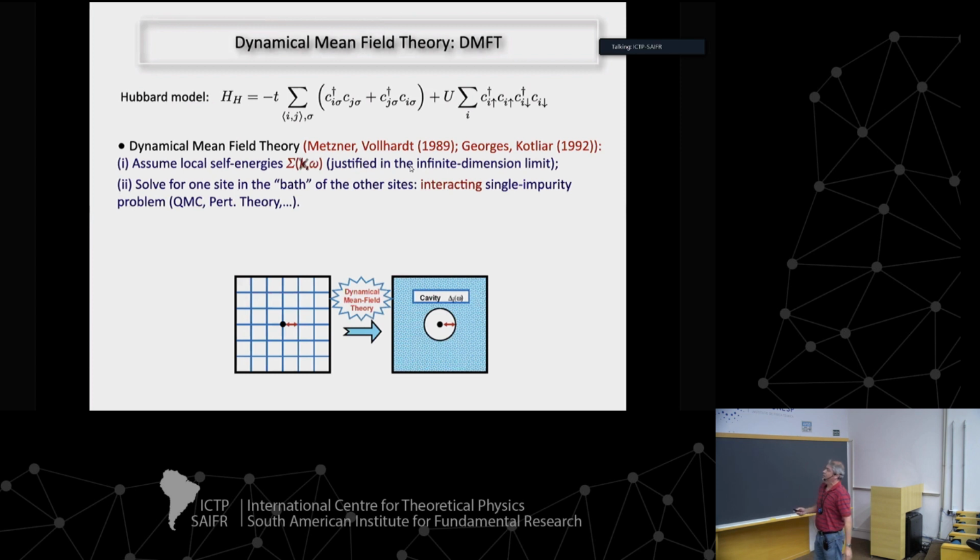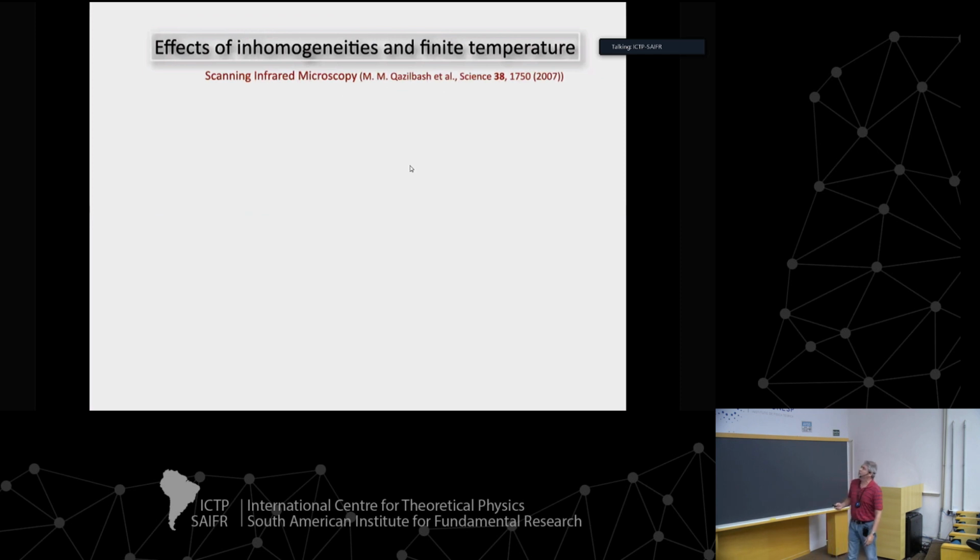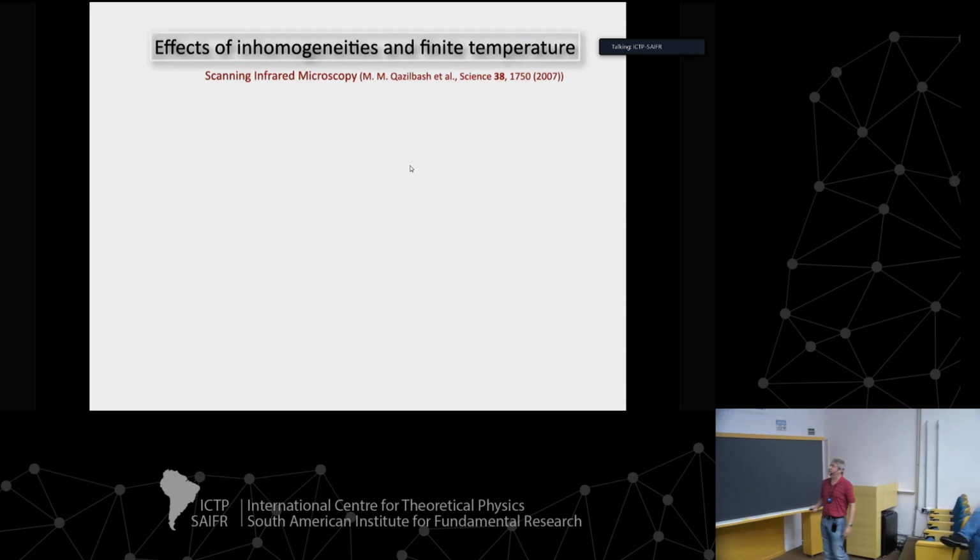Of course, the difficult part is to solve that impurity problem, and there are several approaches that can be used for that, but that's the idea. From that, you can get a very good description of that transition, a first-order line ending at the critical point, that's been done over the years.